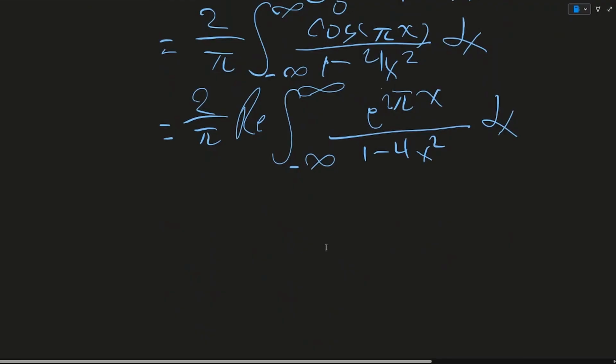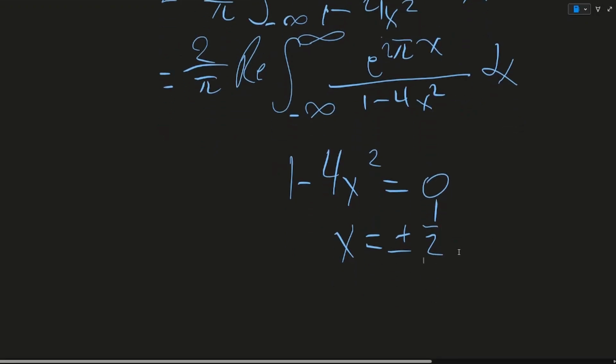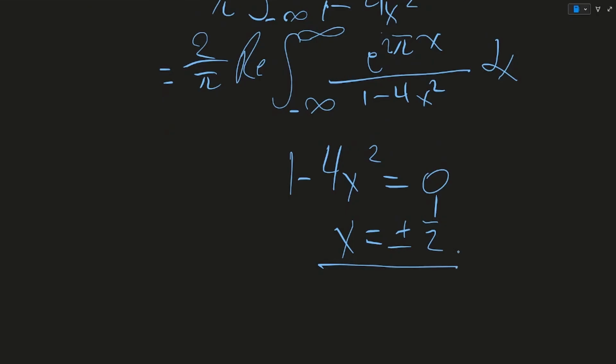Before we draw our contour, let's find the zeros of our denominator. We get -1 on both sides, the negatives cancel out. We have x squared equals 1/4. Taking the square root, we get x equals plus or minus 1/2. So it looks like we only have poles along the real axis.